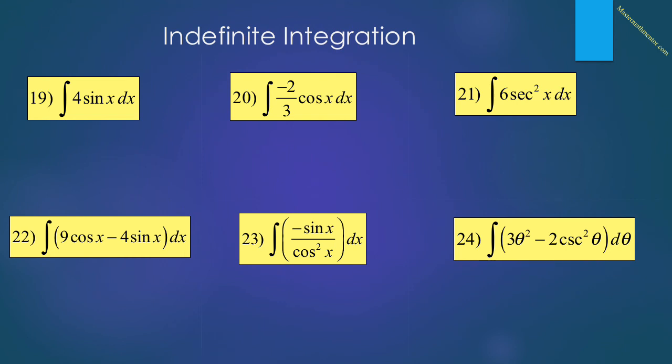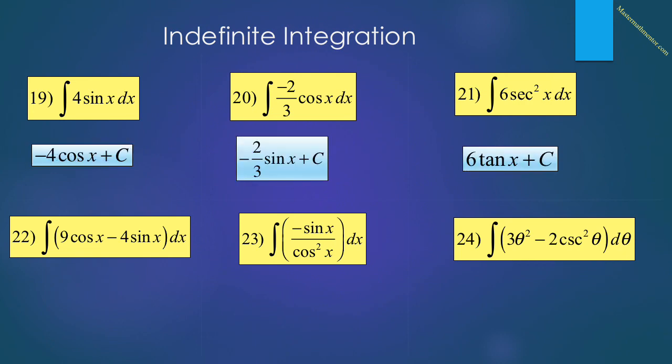Here are 6 simple integrals involving trig functions that you should be able to do in 1 or 2 steps maximum. Number 19 reads the integral of 4 sine x dx. The 4 just comes along for the ride. Our answer is negative 4 cosine x plus c. 20 reads the integral of negative 2/3 cosine x.